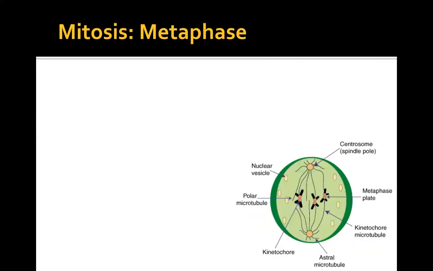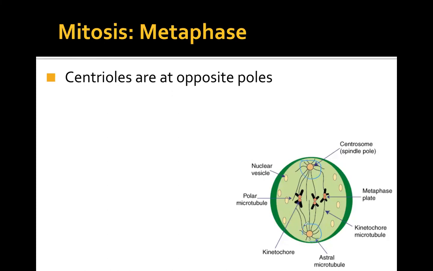Okay, so next we're going to get metaphase. In metaphase, at this point, the centrioles are at opposite sides of the cell, and the spindle fibers they've built have attached to my replicated chromosomes and aligned them so they're all lined up in the middle of the cell, nice and organized in a single file line.